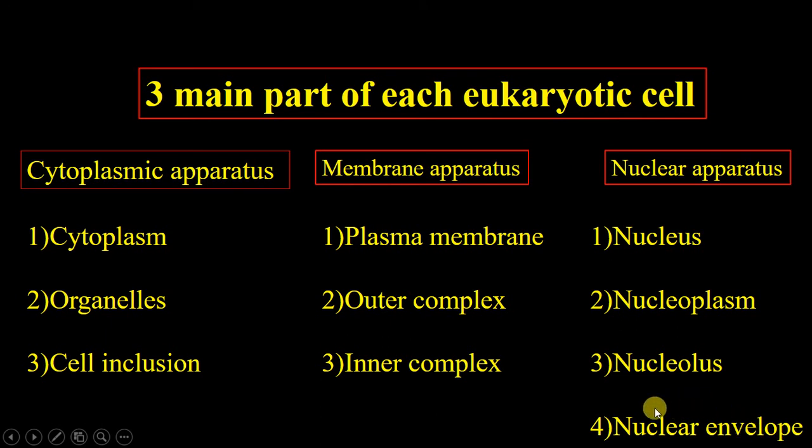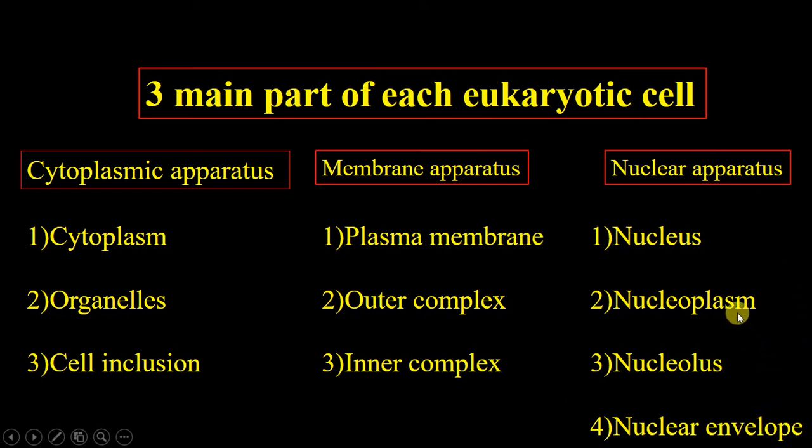So today we will talk about the cytoplasmic apparatus: cytoplasm, organelles, classification of the organelles, and cell inclusions. The membrane apparatus will be our next lecture, and after that we will talk about the nuclear apparatus.